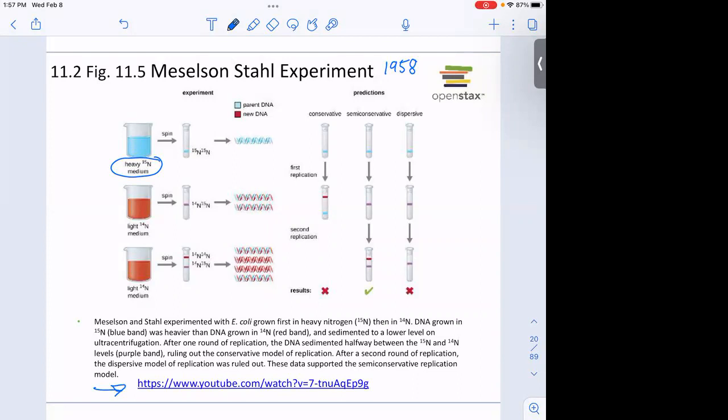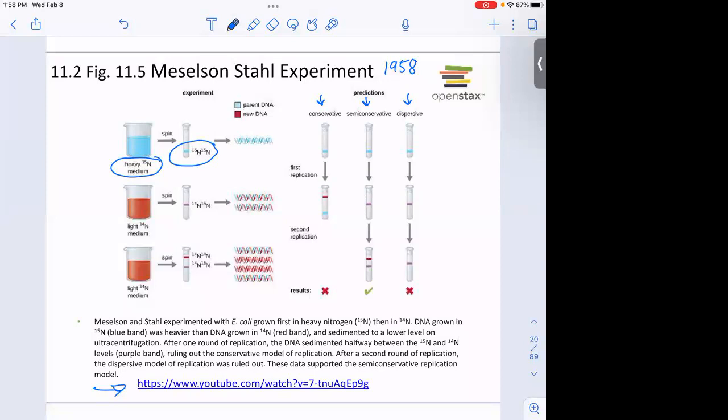And then they would extract that DNA from organisms and spin it down in a centrifuge, and it would make a band. It would sink pretty low in the centrifuge, that DNA that had that heavy nitrogen in it.